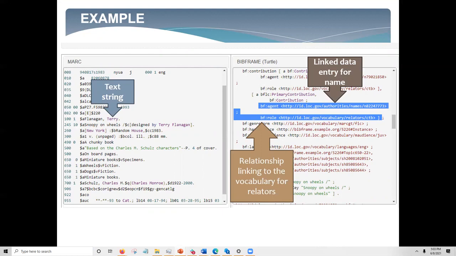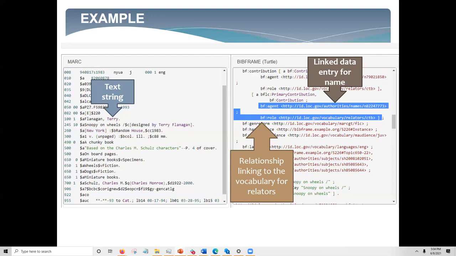And then if you look over here, and I know it's a little bit hard to see, this is a BibFrame Turtle record, so you'll hear Turtle again this week. Here you can actually see that relator code and the information about the relator.